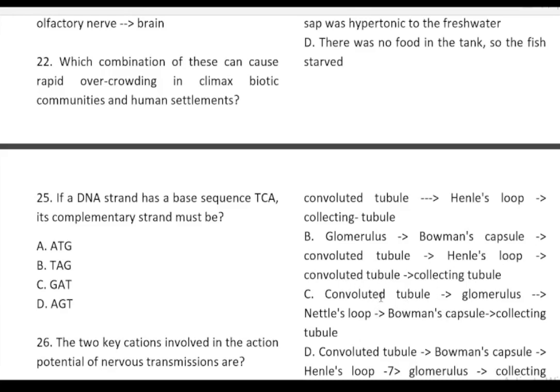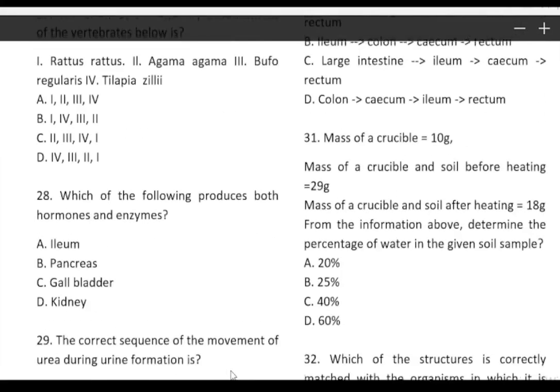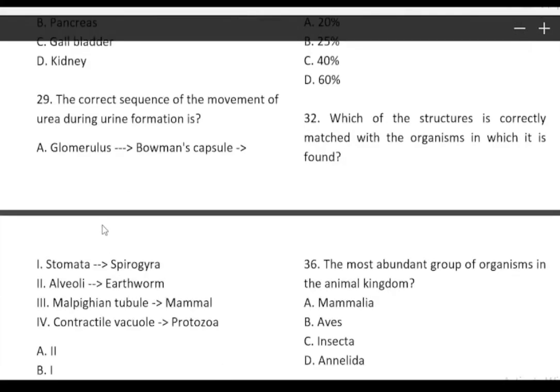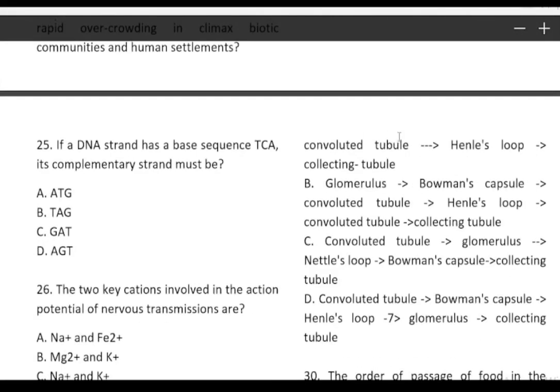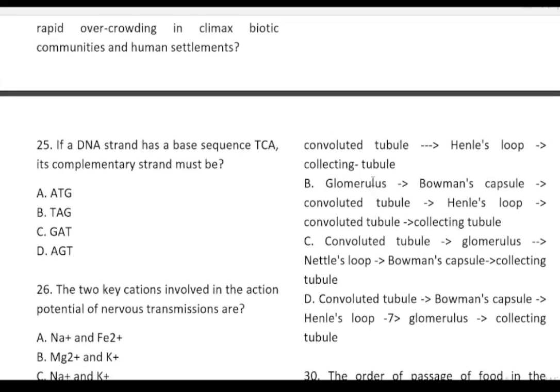C. Convoluted tubule, glomerulus, Henle's loop, Bowman's capsule, collecting tubule, and D. Convoluted tubule, Bowman's capsule, Henle's loop, glomerulus, and then collecting tubule. The answer there is this one here, which is glomerulus to Bowman's capsule to convoluted tubule, Henle's loop, and then the collecting tubule. That is the system of urine formation.